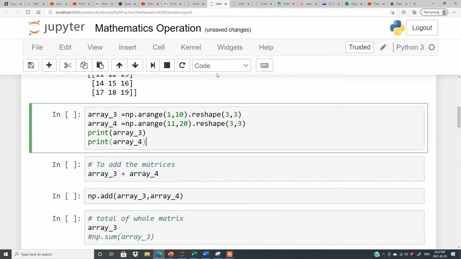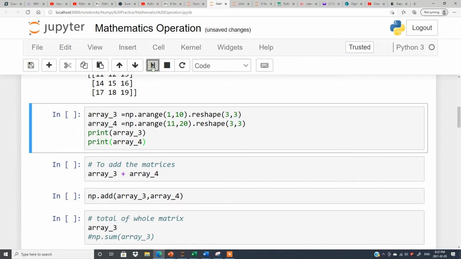So here I am going to convert into 2D, but keep in mind the product of these two: I said I need 3 rows and 3 columns. So 3 times 3 is equal to 9. If I run only this part, I will have a 1D array from 1 to 9, and the product of these two should be equal to 9, otherwise it will not run.